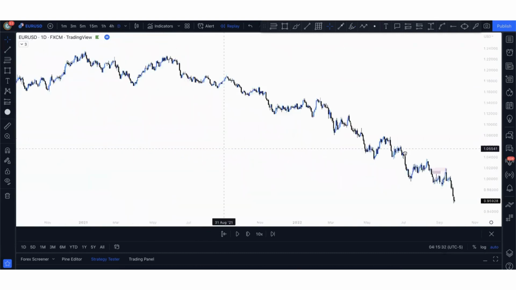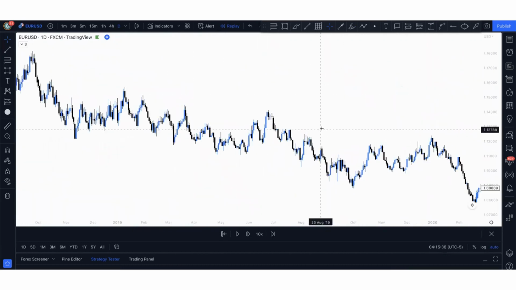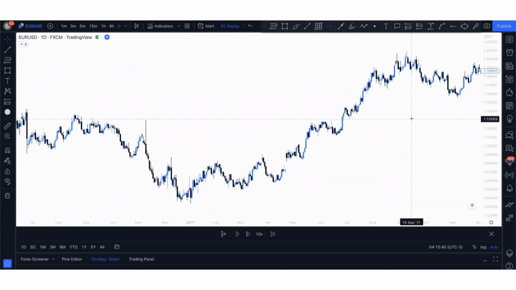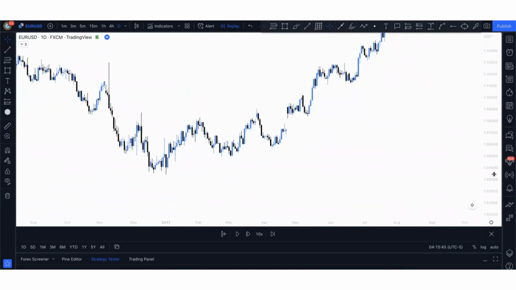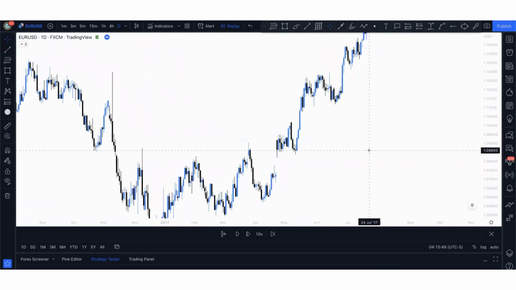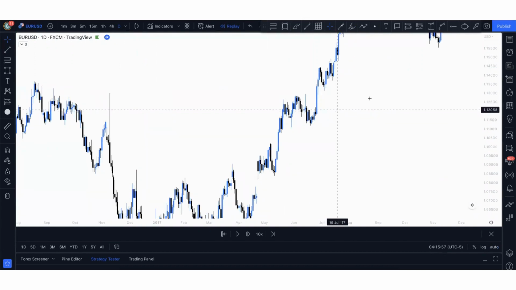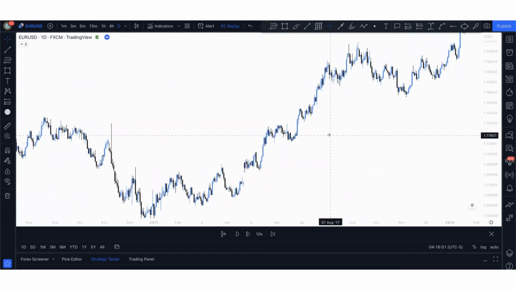Let us try to check a bullish order block. So right here. Sometimes price doesn't have to go back to that order block, because the market is always creating liquidity, right?